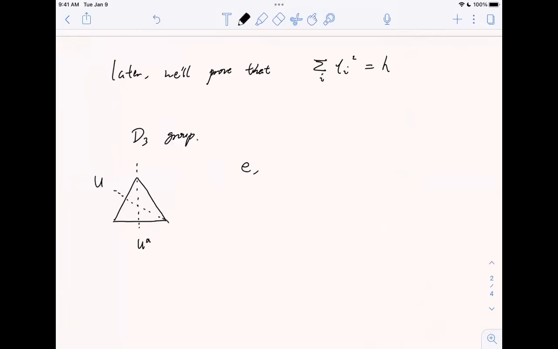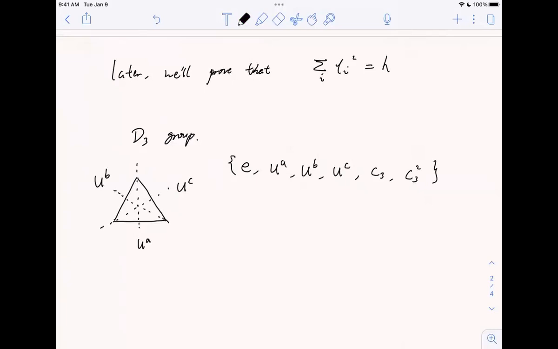So this is UB. So UC. So these three mean the rotation along these three axes. Then you have a C3 and C32. C3 means rotation by 120 degrees.